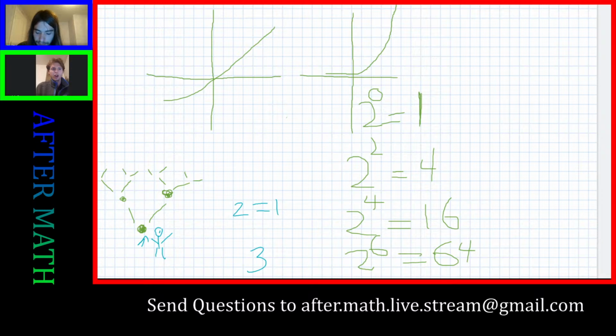So our exponent of 0 would essentially be like the first day we start counting this. And then 2 to the first power would be the second day, 2 to the second power, third day, and so on. You start by counting at 0.